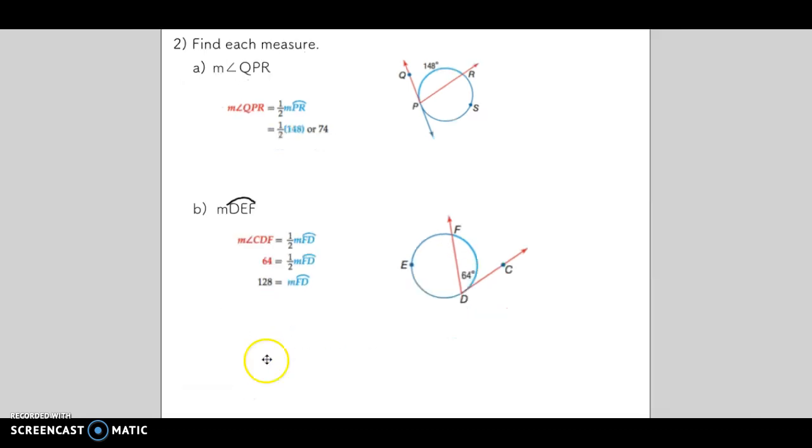The measure of arc FD is 128, right? This is just 64 times 2, which is 128. So now I can find the measure of arc DEF, because I know it's 360 minus that arc, because arc FD plus arc DEF make up the entire circle. So the measure of arc DEF is 232.